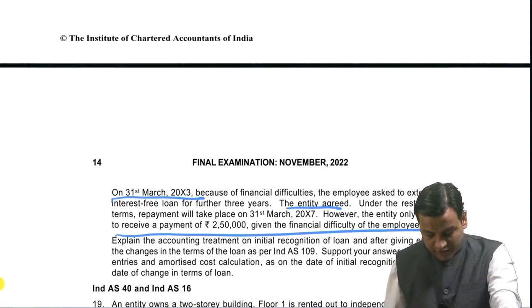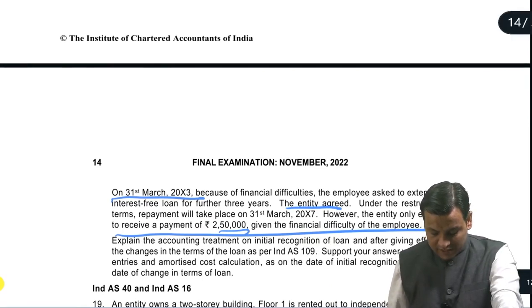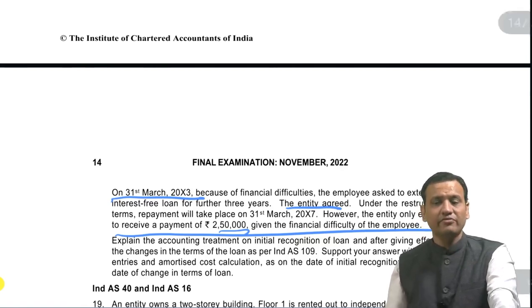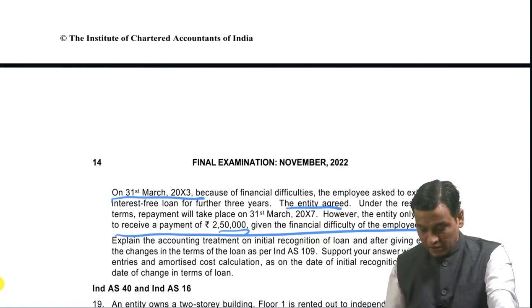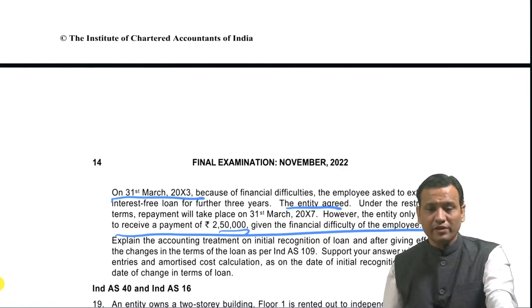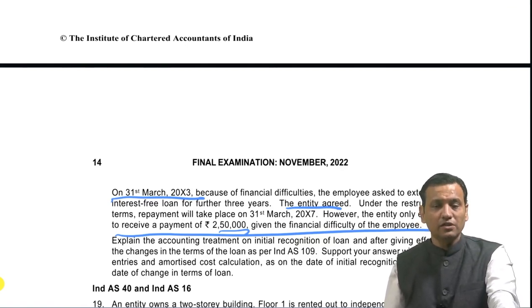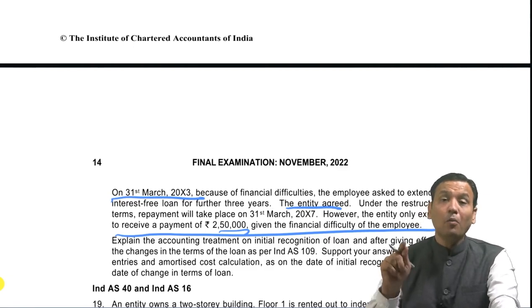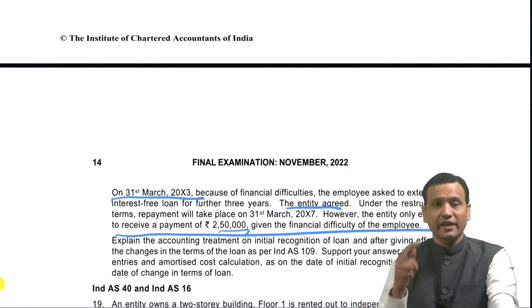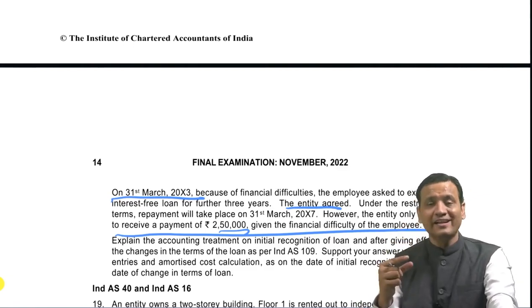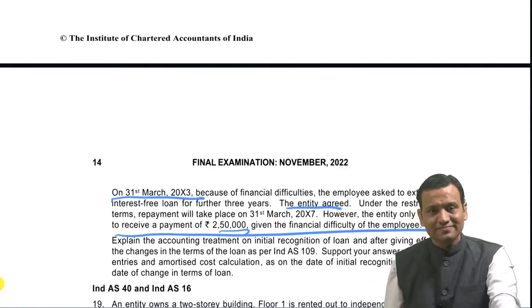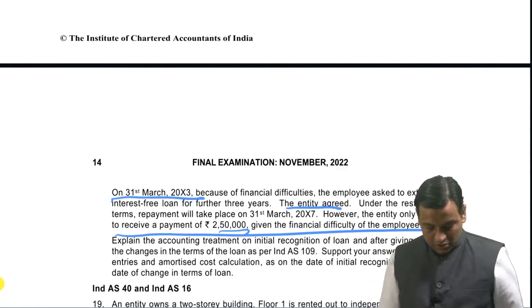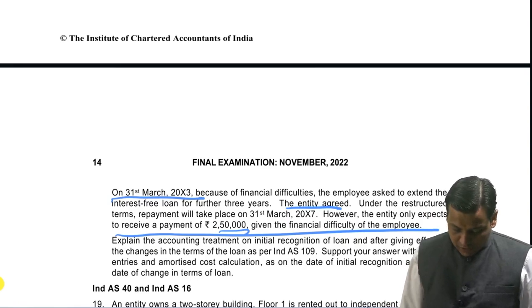Now when we agree to it, we say we are going to receive a payment of 2,50,000 only. Don't you think I have to find out the present value of the 2,50,000? The difference between the present value of that 2,50,000 and the amortized value at the end of the second year indicates impairment loss. Okay, and it will be charged to our profit or loss account.